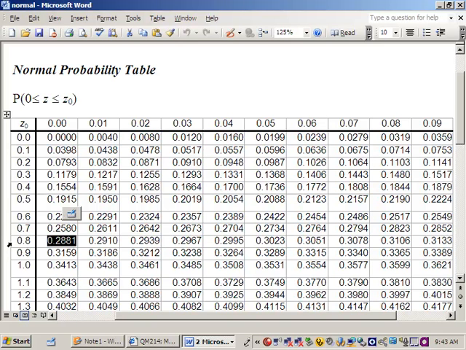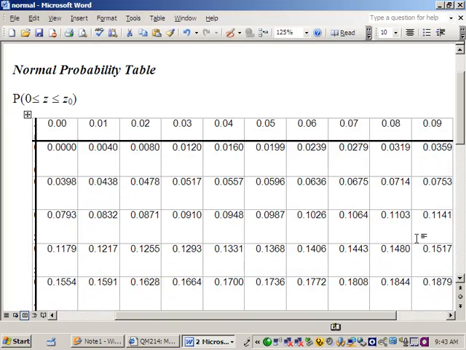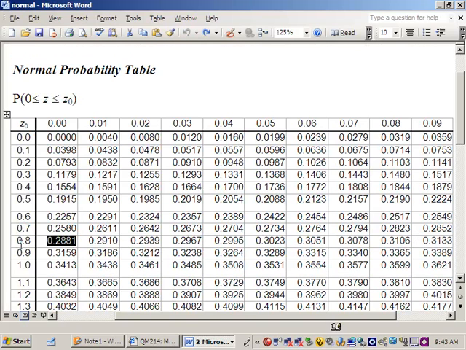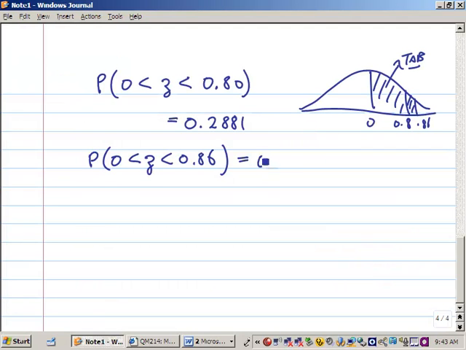We'll look at the 0.8 row here, where my cursor is, in the 0.06 column, and that value is this. So we're in the 0.8 row, the 0.06 column, and so that's the probability of getting a z between 0 and 0.86. That's 0.3051. And as I pointed out before, that was larger than our first probability.